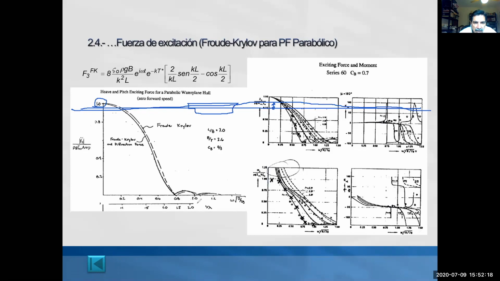Okay, so when we have very low frequency, this force tends to be equal to this product. Rho g, that's the specific weight, Z0, that's the amplitude of the wave, times the water plane area of the ship. That's why we expect this result to be close to 1.